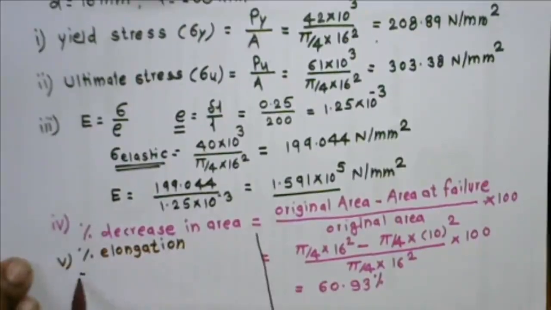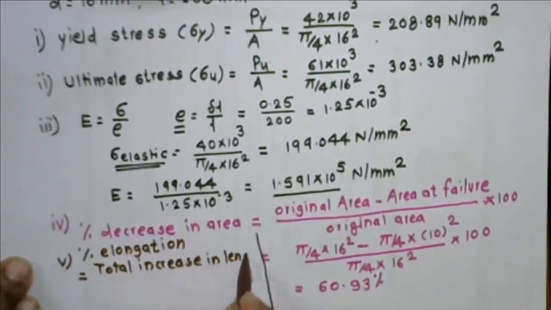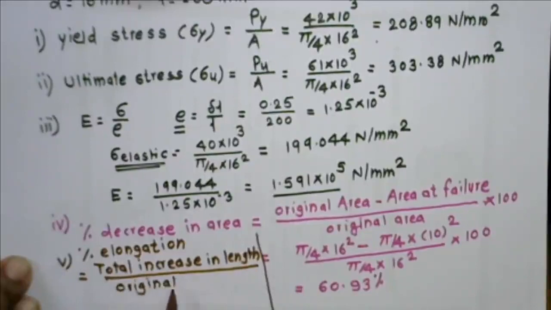Percentage elongation is equal to total increase in length divided by original length, into 100.